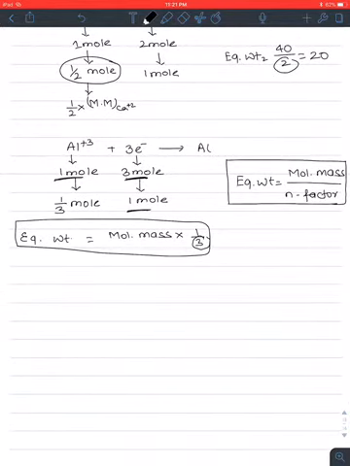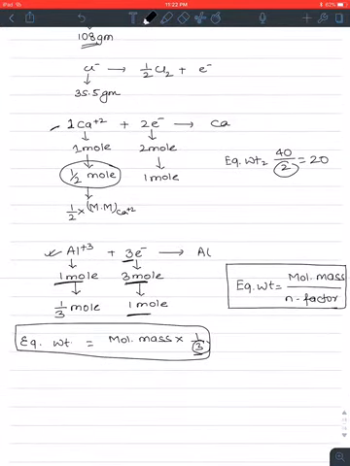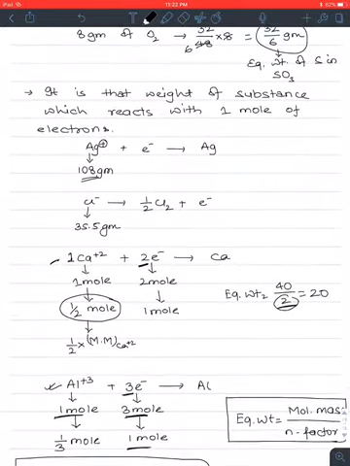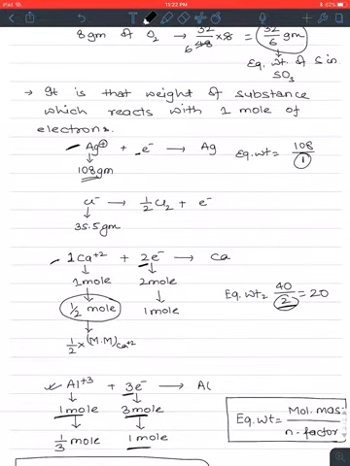Now what actually is N factor? From one definition, it's clear that N factor is the number of moles of electrons that is transferred. Like in this case, 3 moles of electron was transferred, so N factor was 3. In the previous case, 2 moles of electron was transferred, so N factor was 2. Again in the previous case, 1 mole of electron was transferred, so the equivalent weight was 108 divided by 1, which is the N factor.